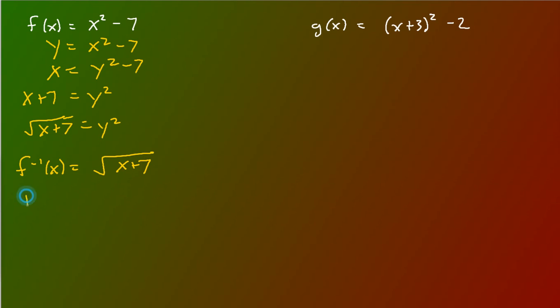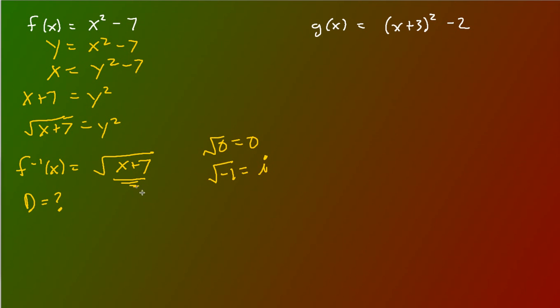So I am concerned with my domain and range. So I might want to understand, well, what is the domain of this thing? So a way to find domain is to ask, well, what don't I want? And in here, I have square root of x plus 7. And I know that if I do square root of 0, well, that's 0. And if I do square root of negative 1, well, that's an imaginary number.